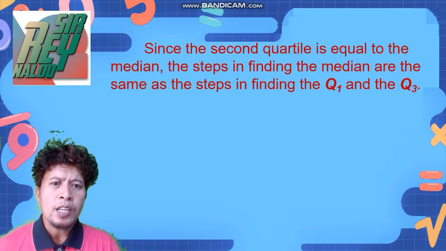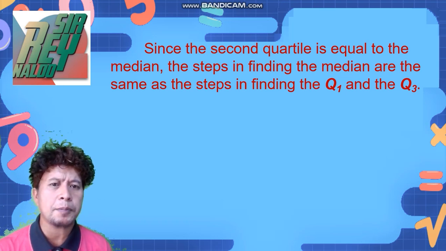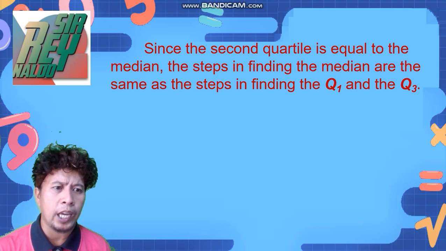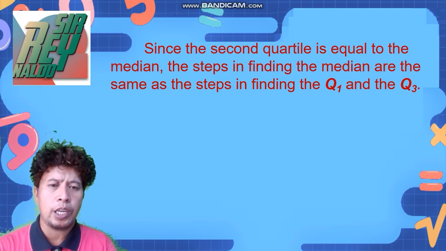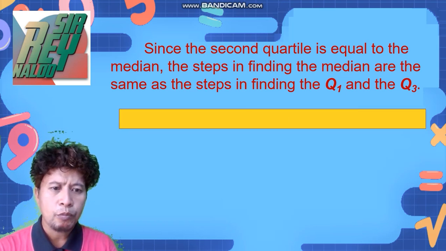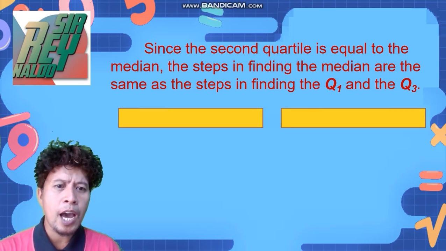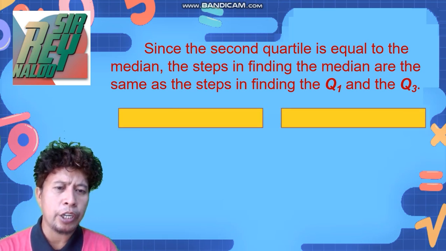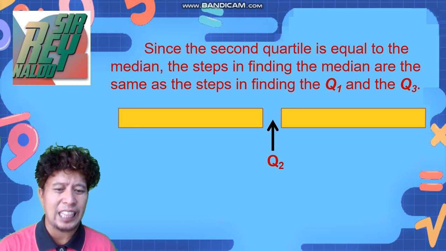Let's illustrate. Since the second quartile is equal to the median, the steps in finding the median are the same as the steps in finding the Q1 and the Q3. So pag sinabi nating median, siya yung nasa gitna. Okay, so let's go further. Suppose ito yung number of elements. Then, half of this or the center of this is what we call the Q2 or simply the median kasi siya yung nasa gitna.